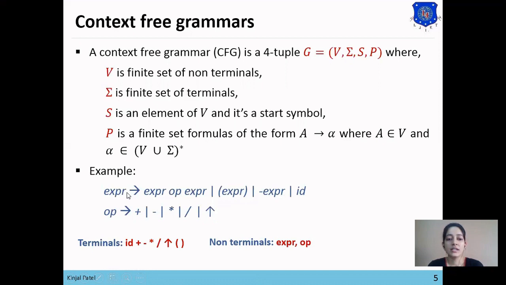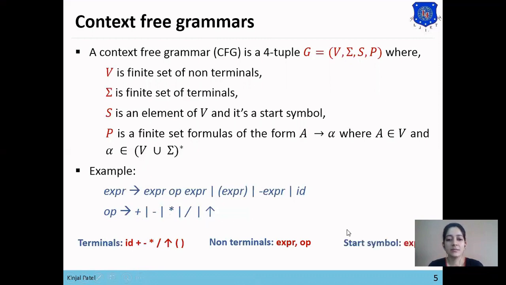The symbols which are present at the left hand side of the grammar are known as non-terminal symbols, and except those symbols, all the symbols are known as terminal symbols. So except expression and operator, all the symbols are terminals, like opening bracket, closing bracket, minus, ID, plus, star, division and power. All are terminal symbols.